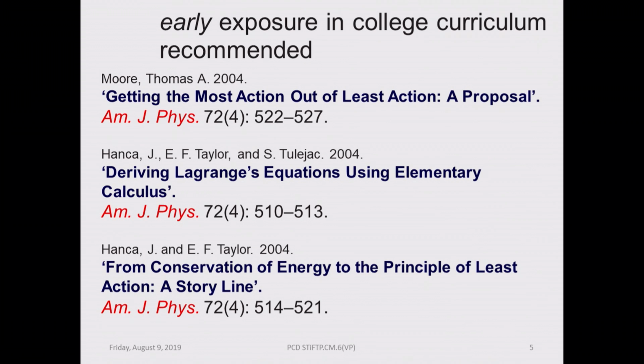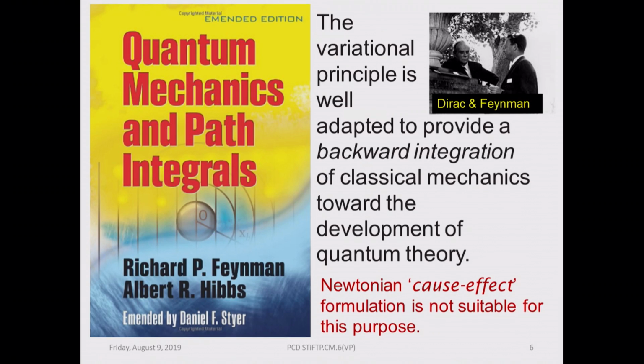There are very nice articles which I have referred to over here, "Getting the most action out of the least action." Okay, so this is a nice title. You really don't need very advanced calculus or anything to do that. Elementary mathematics is sufficient. And these are some nice articles which I would like to suggest that you read up.